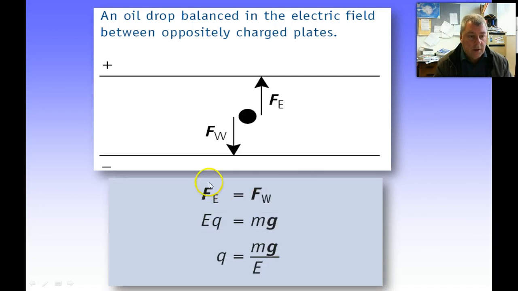And so if the weight force is mass times gravity, and the force due to the electric field is the electric field strength times the charge, he could rearrange this and have charge equals mass times gravity divided by the electric field. Now, if he knew the electric field and he knew gravity, he didn't know mass, but he could work out mass through a variety of ways. He could then work out the charge of the droplet.